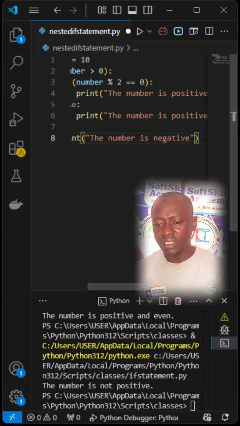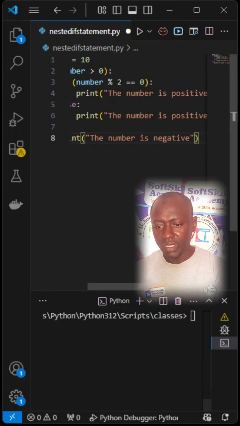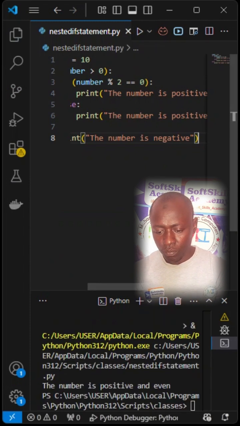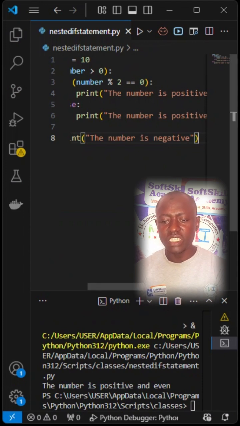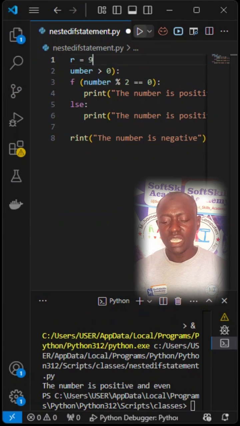Let's try to execute this and see the output. But first of all, let me just clear our terminal to be empty. Run this and see. So you see now, the number is positive and even. If we change this again to probably 9, let's run it and see.